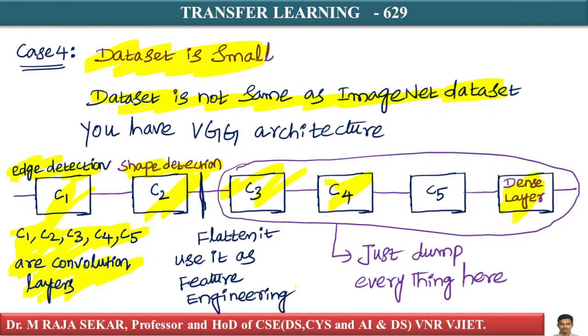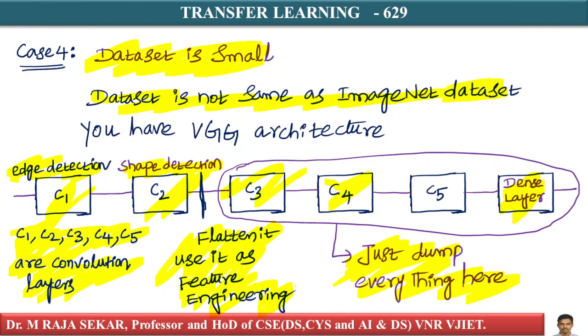Why throw it out? Take one of the earlier layers, take the output here, and flatten it and use it as feature engineering. You can just dump everything else, from C3 till the dense layer.